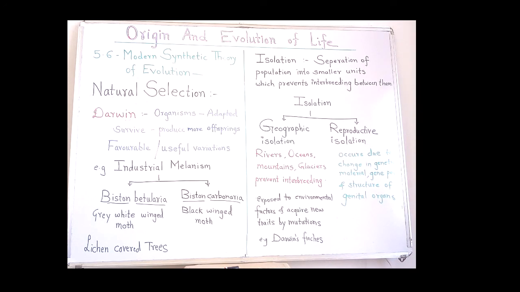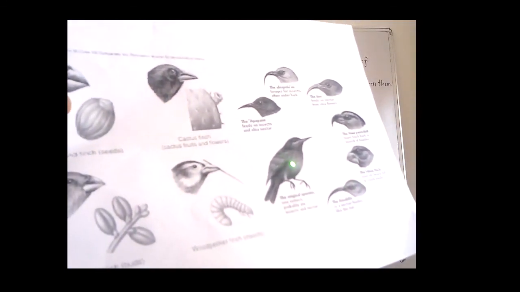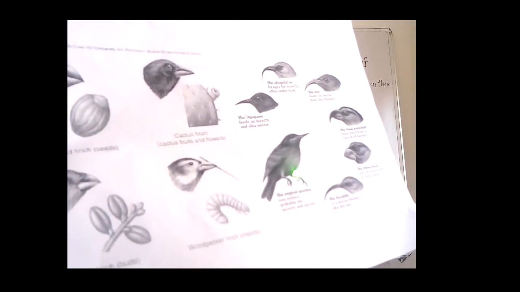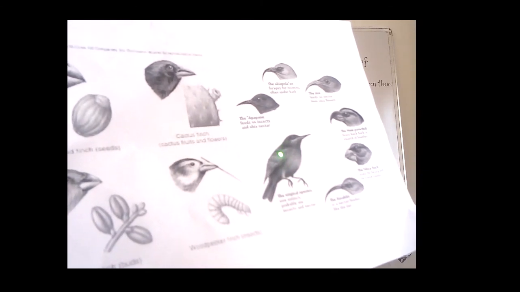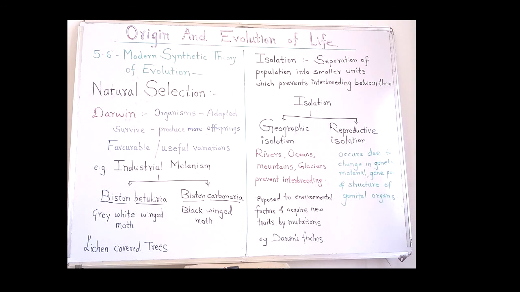The example of geographic isolation is Darwin's finches. First we'll see the diagram of this bird, called the finch. This is the original species of finch. There are about 13 species of finches found on the Galapagos Islands.